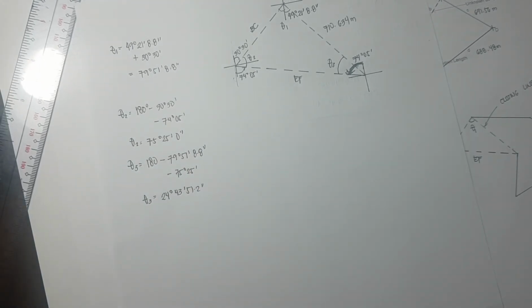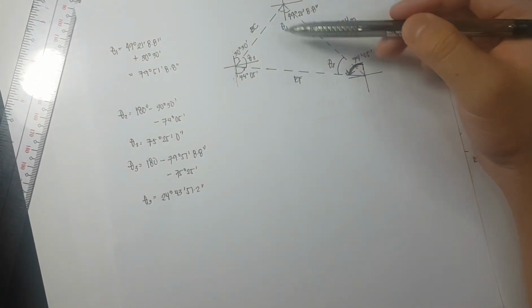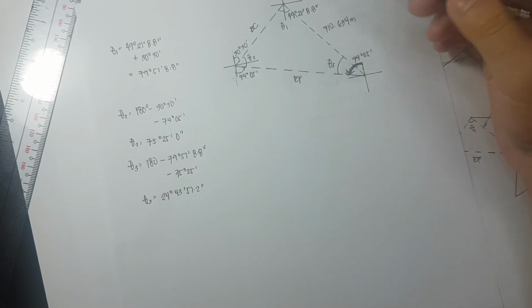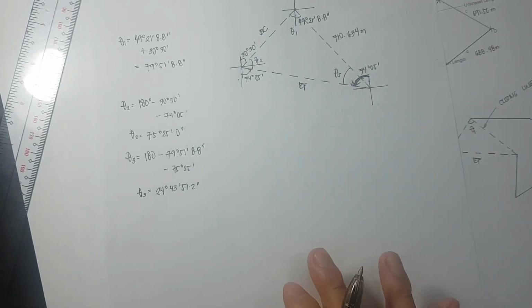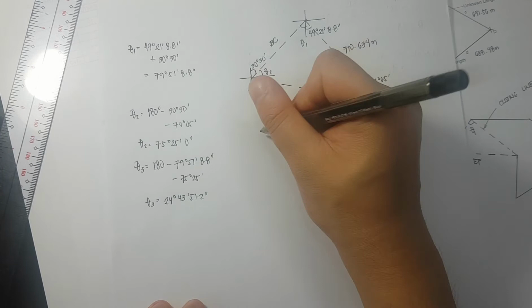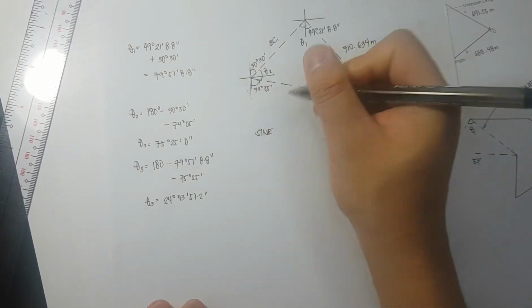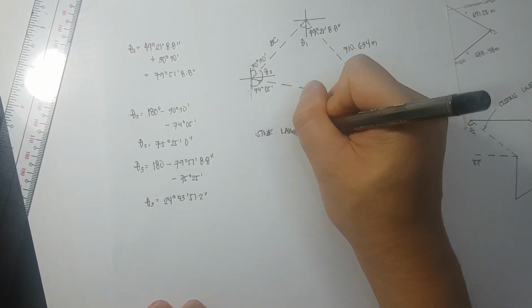Okay? So, our unknowns are two sides, BC and EF, and we already have our three angles. So, we can use either sine law or cosine law. But let's make it easier and use sine law.